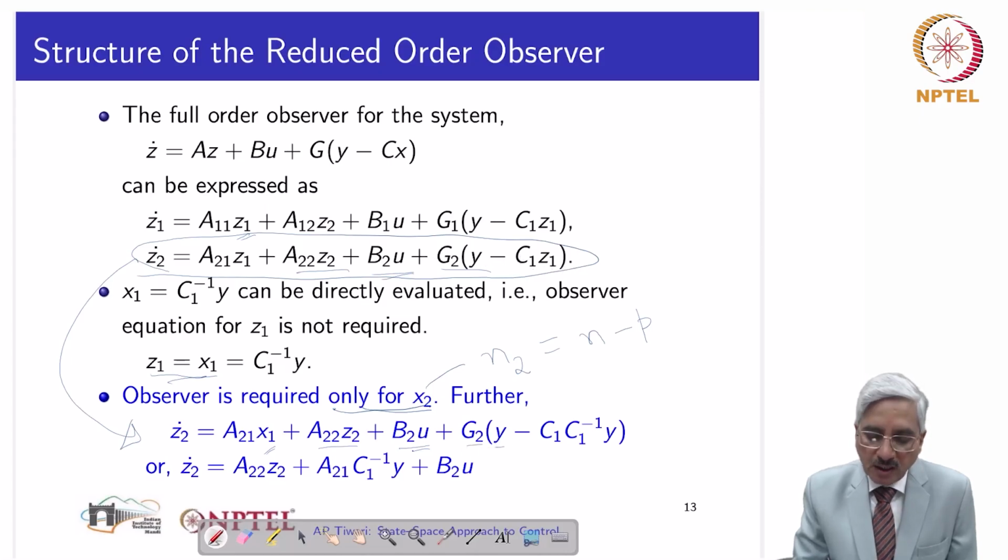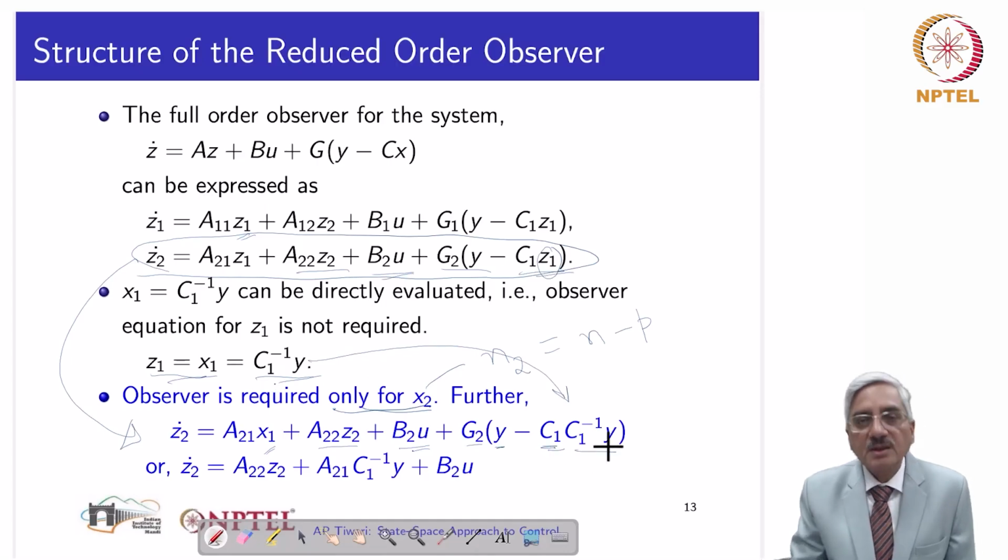So G2 into (y minus C1 z1), and this z1 is C1 inverse y. So that C1 z1 becomes C1 C1 inverse y, and C1 C1 inverse is identity. So this becomes y minus y, or 0.